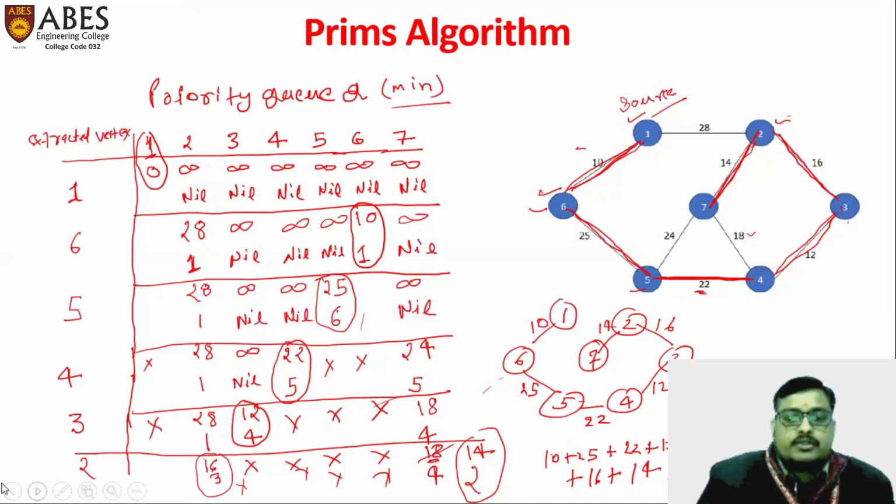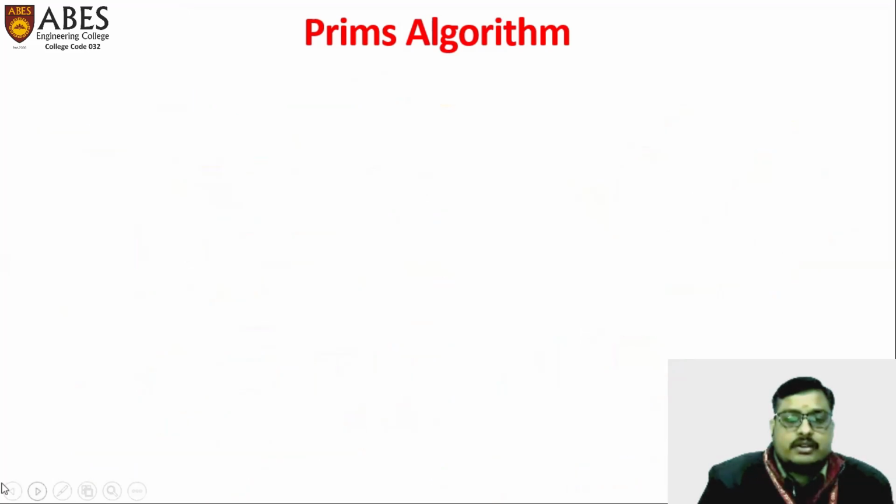Now this is the process of Prim's algorithm to find the minimum spanning tree. Let us consider the complexity of this algorithm. In the process, what we are doing is calculating the cost of each vertex in the priority queue. So we have just initialized one priority queue.